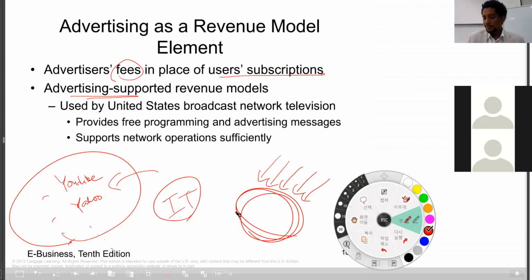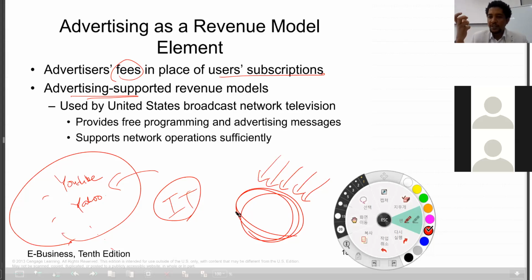So these news media or television networks, they don't want us to pay because they get their money from advertisements. They already have this huge number of people watching their television, okay? So companies also pay based on the number of people who watch these media, right?